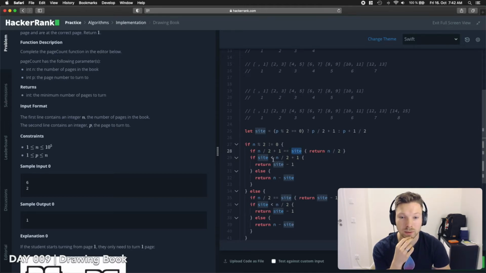If side is smaller than n divided by 2 plus 1, then say side minus 1. And how do we get side? We get side by page. It's 3, right? So it's not even. That means we want 4 by 2. That's our side.